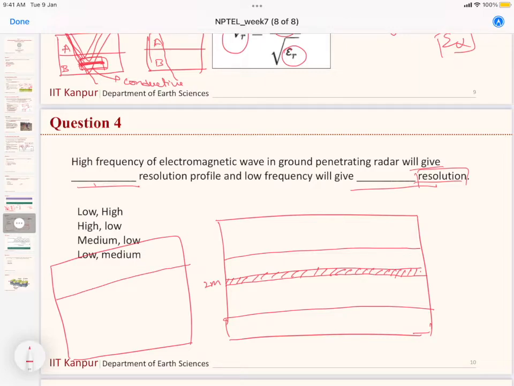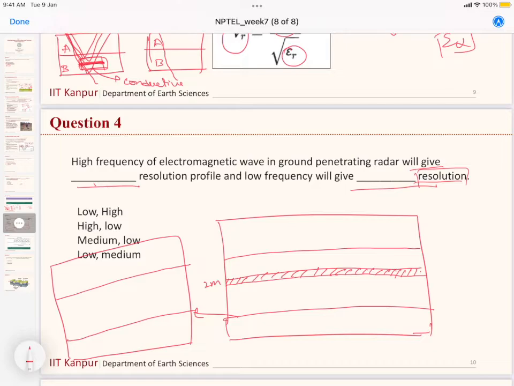This layer will not get resolved, so I will not get any feature here. After that I will get this layer and then this. So you can tell me this is not giving the actual picture of the subsurface because my instrument has low resolution.